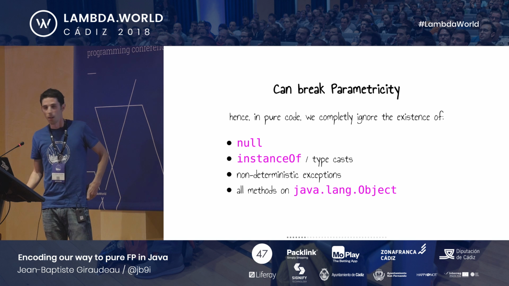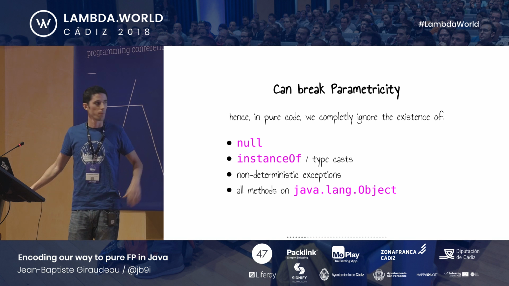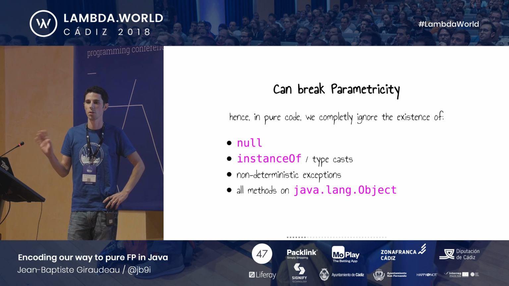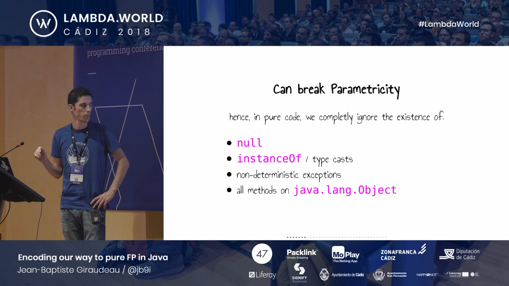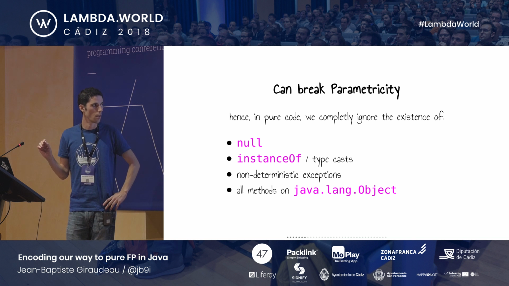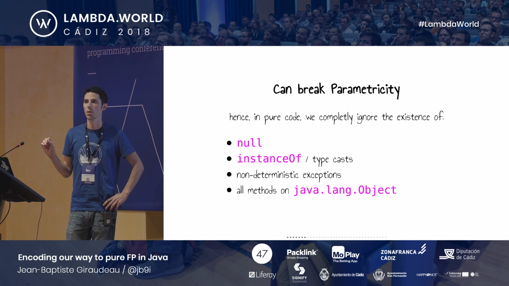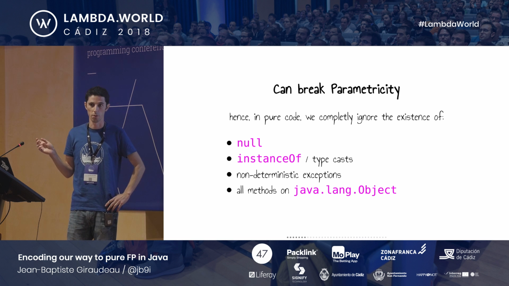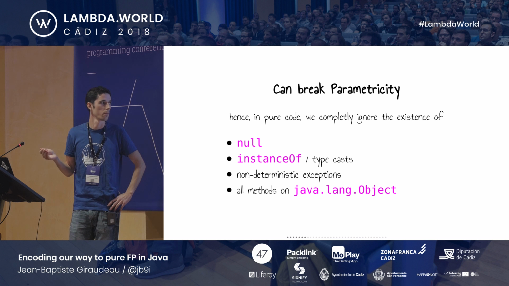So what can break parametricity? All of this. In particular, you don't catch any non-deterministic exception in pure code. You can do that in the IO monad, but not in pure code. And you don't use any of the methods of java.lang.Object, in particular on universally quantified type variables, because then it breaks parametricity.